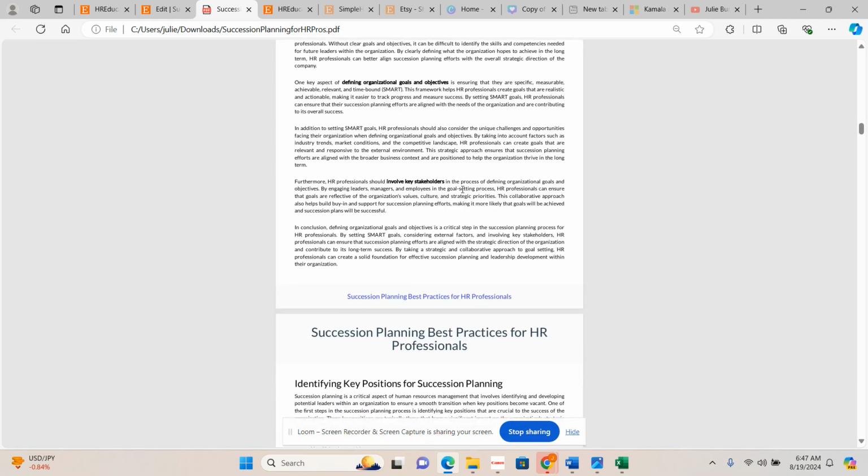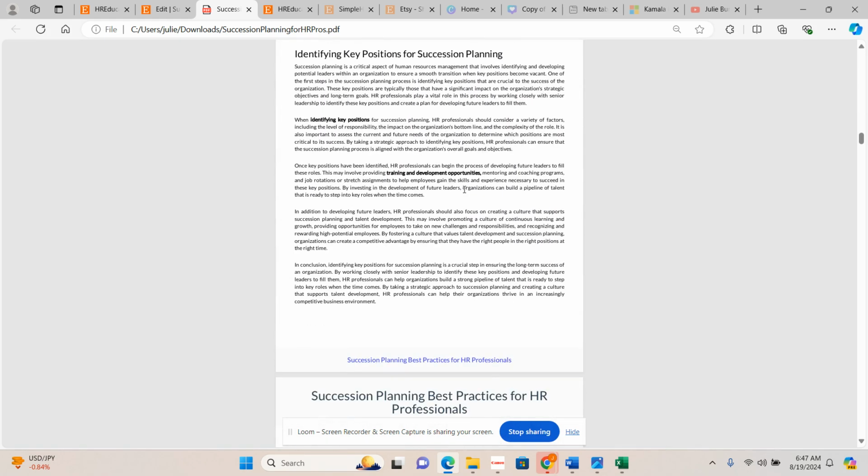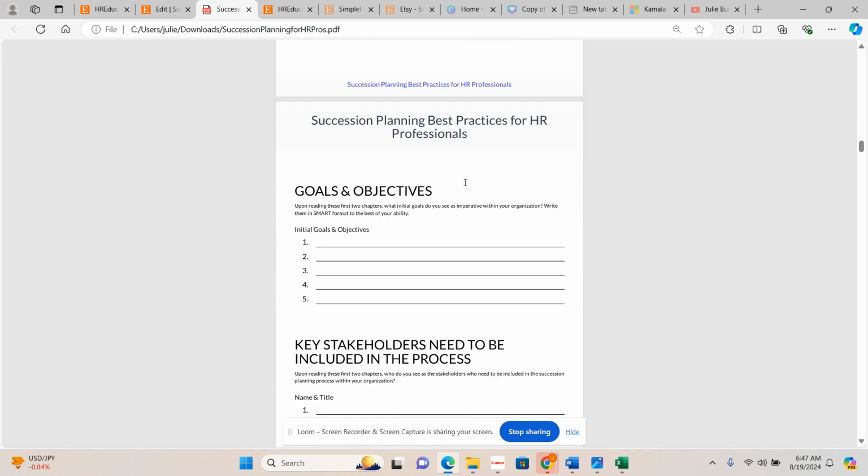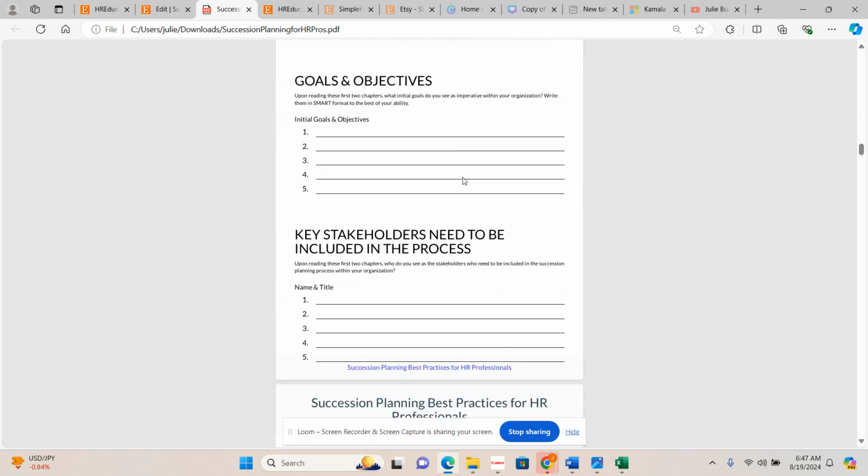And as you go through it, there you go. Once again, identifying the positions, training and development opportunities, right? There are going to be worksheet pages at the end of the chapters that actually make you think back about what you read and then make you apply it to your organization, right? So upon reading these first 2 chapters, what initial goals do you see as imperative within your organization?